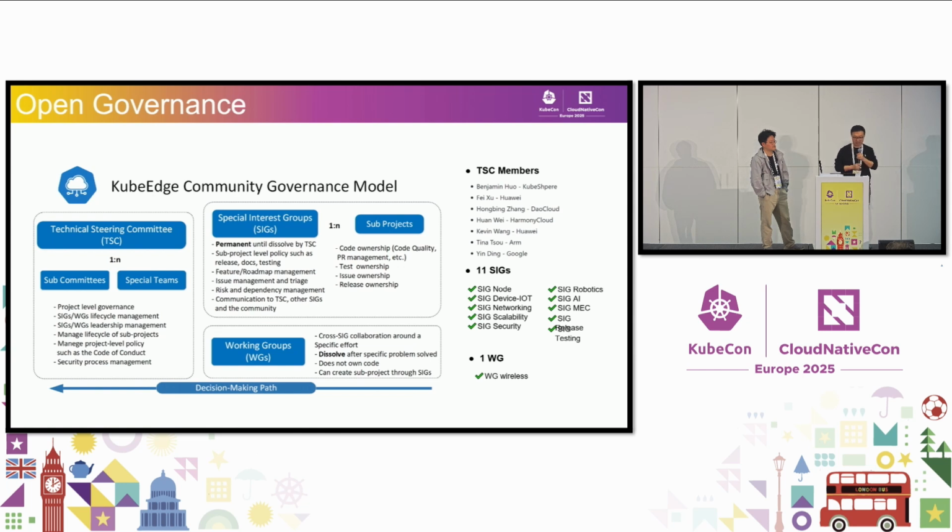Every SIG has many sub-projects, like Sedna in SIG AI and Edge Mesh in SIG Network. We also have working groups like the MEC working group. So this is our TSC members and several SIGs and working groups. This is an open governance model for KubeEdge.